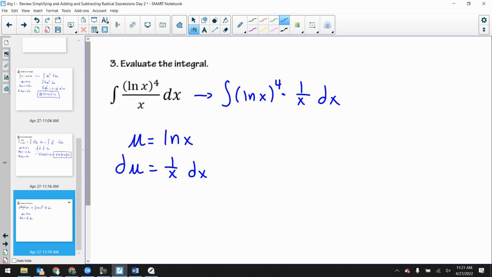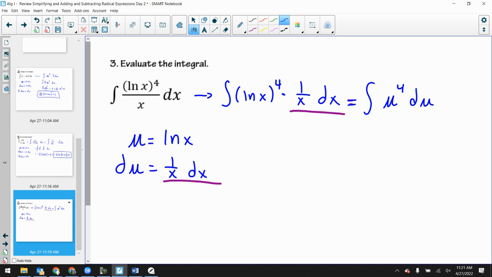And that's going to help us here because now I see the 1 over x dx right here. So du is really this whole chunk. So this is equivalent to saying the integral of u to the 4th du, which simplifies it a lot, right?